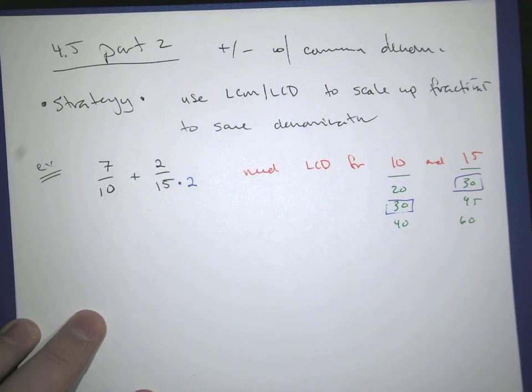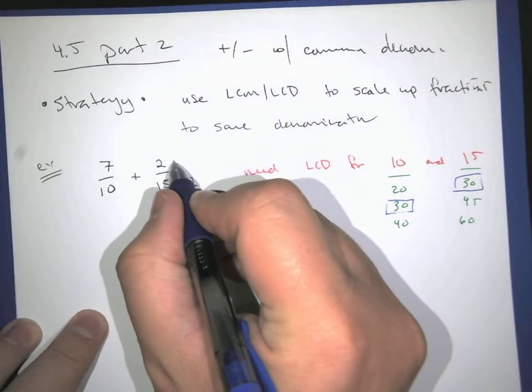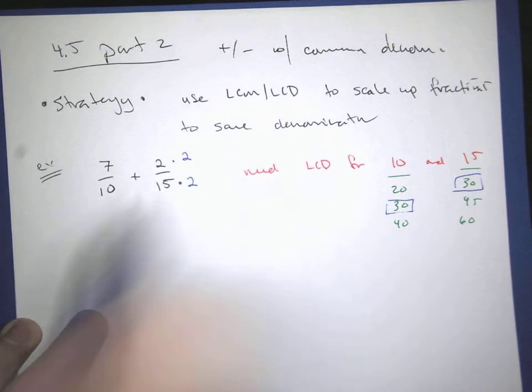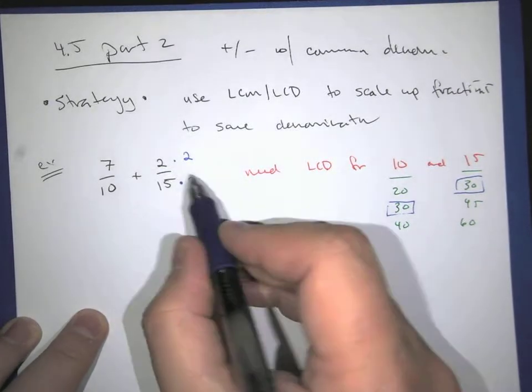In the same way that in an equation I can multiply both sides by any number I want as long as I do the same thing to both sides, in a fraction I can multiply by any number I want provided that I multiply both the top and the bottom by that same value. So if I'm going to multiply the bottom by 2, I also need to multiply the top by the same thing.